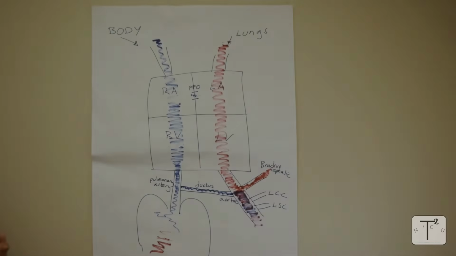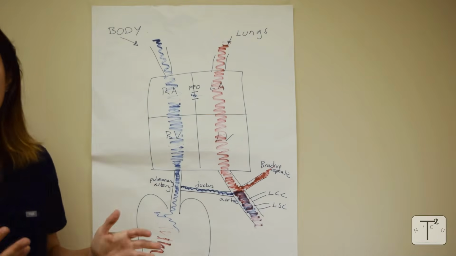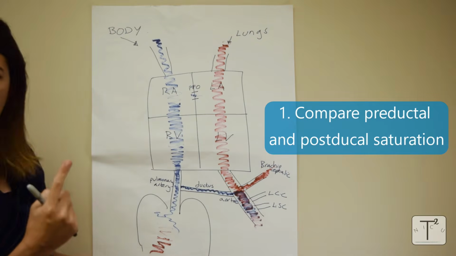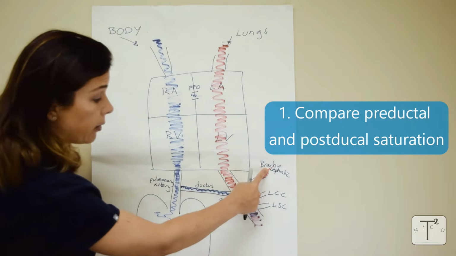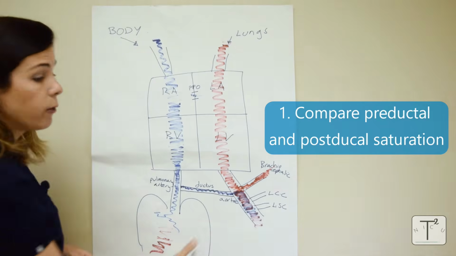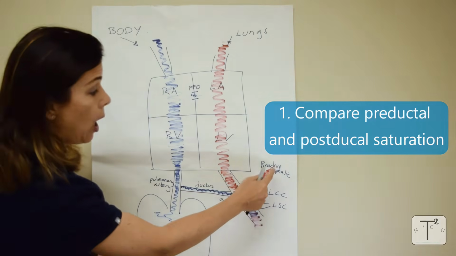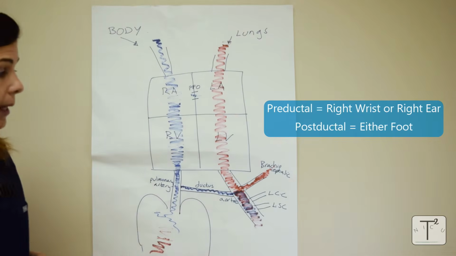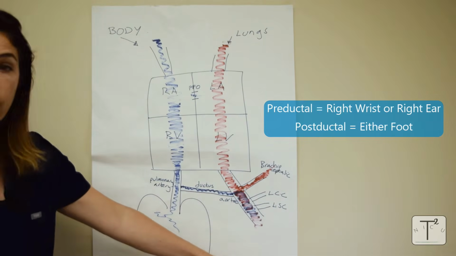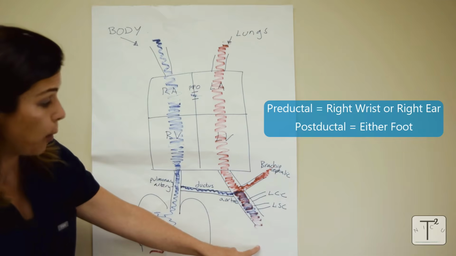How do we actually diagnose pulmonary hypertension? A lot of it is a clinical diagnosis. So the first thing that we can look at is the difference between the pre-ductal and the post-ductal sats. So if we have a pulse oximeter on the right hand, which is the artery coming off the brachiocephalic, and then we have another pulse ox on the foot, which by definition is post-ductal.